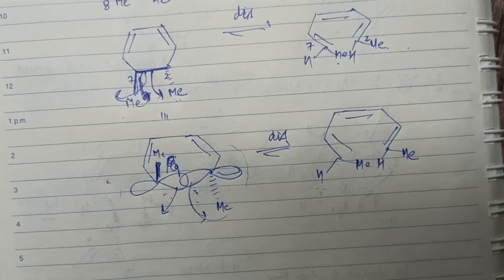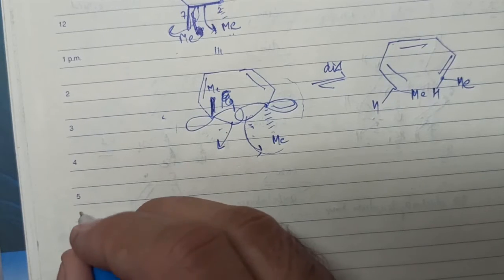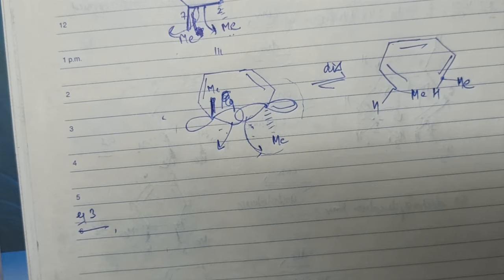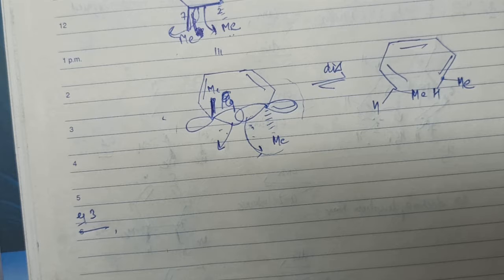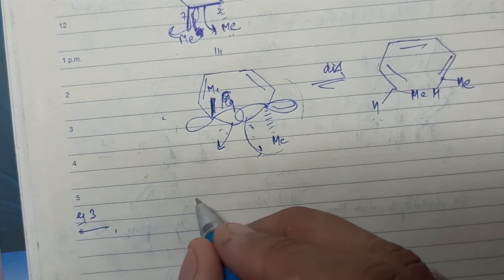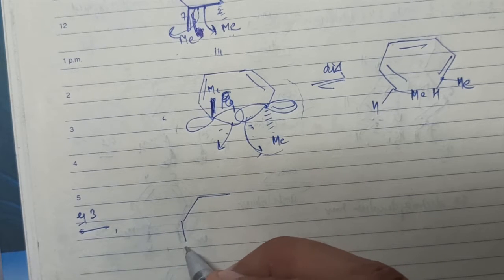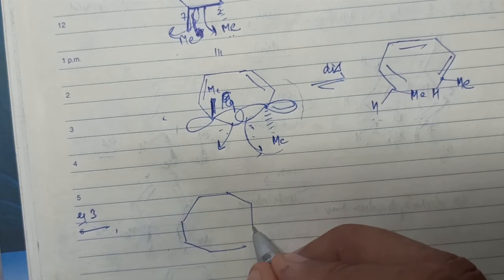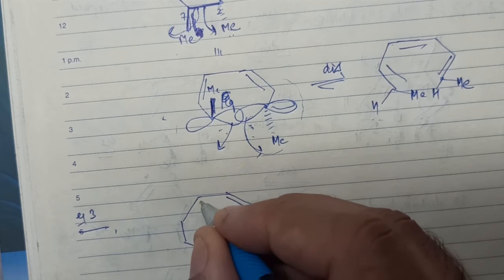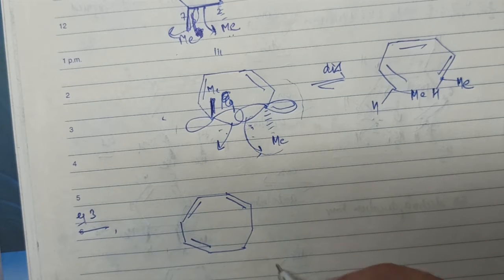Right? Let's take one more example. This will substantiate our point here. Okay, example 3. Let's take the example of an octatetraene, this molecule. Let's say we have a double bond here, we have a double bond here, we have a double bond here, right?